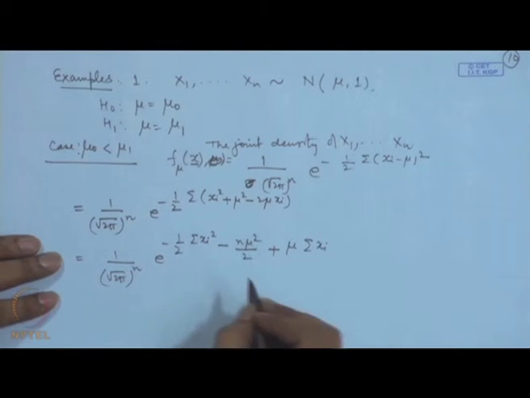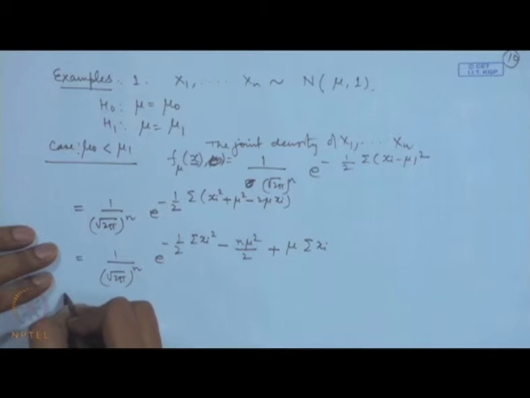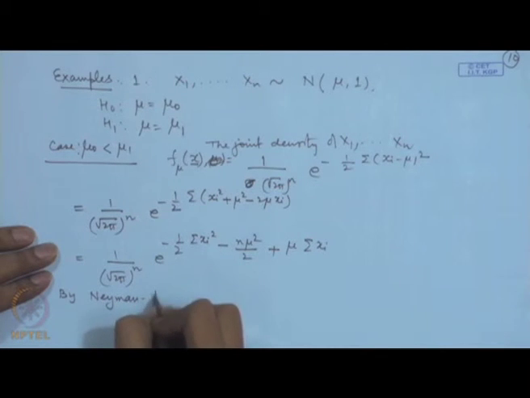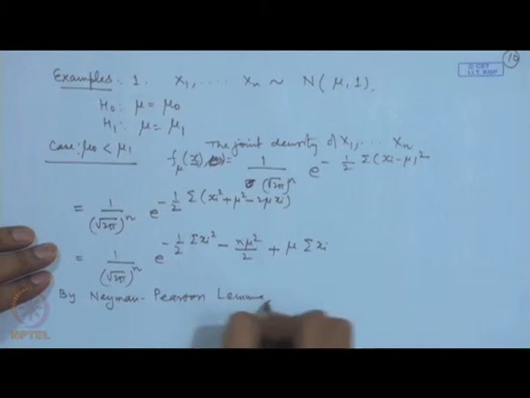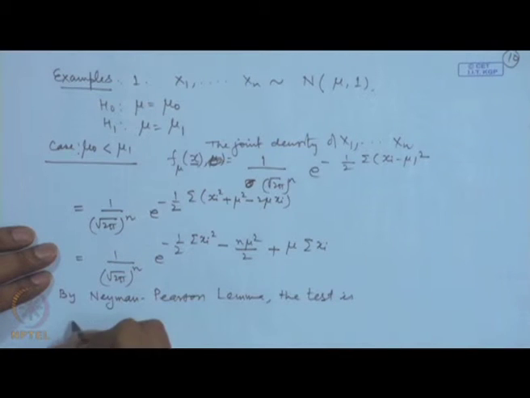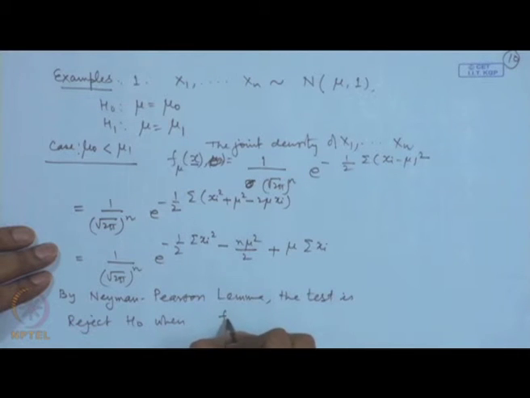So, if I write down by Neyman Pearson lemma, the test is: reject H naught when f1(x) by f naught(x) is greater than k.